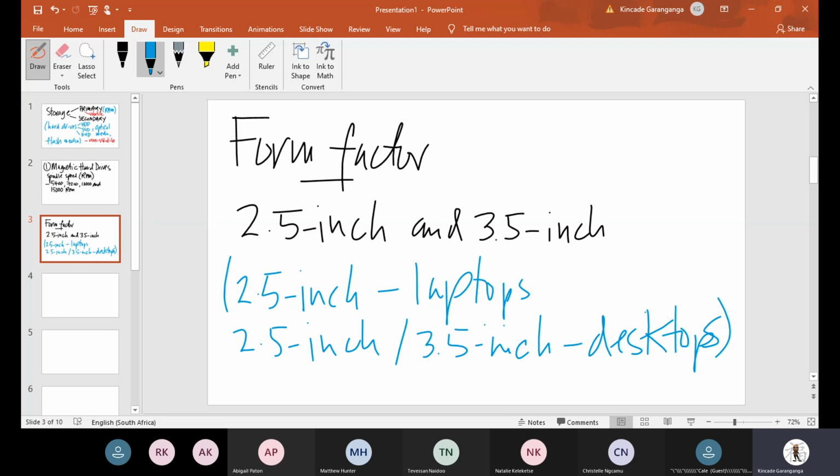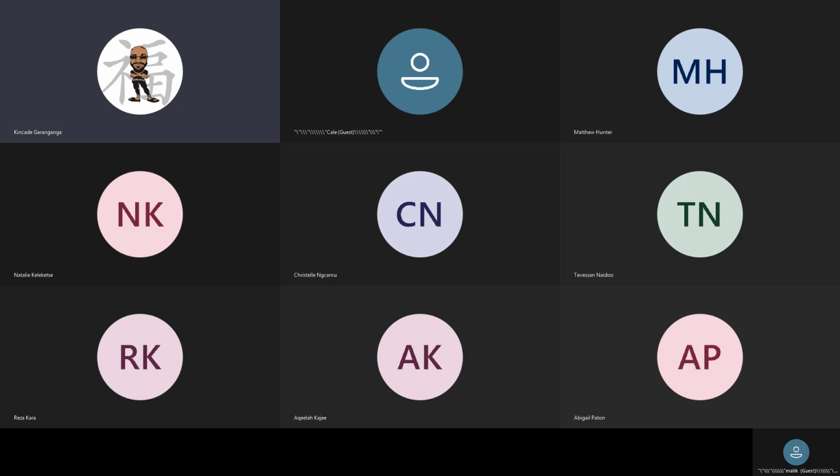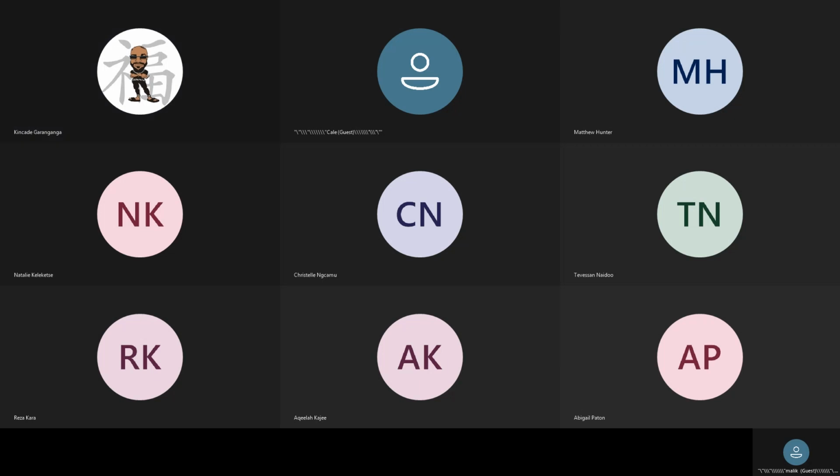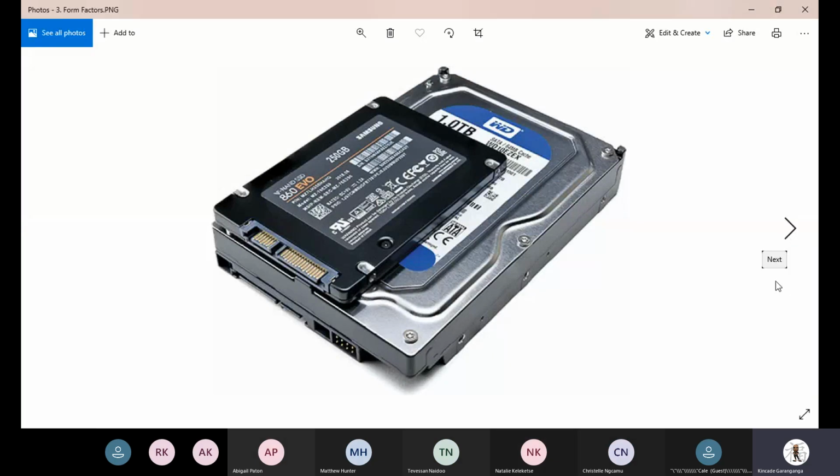When you look at these actual form factors, maybe just to give you a clue in terms of what's happening, a quick switch over. That's what your generic form factors would look like. The one at the bottom is the WD, or Western Digital, drive. That's your generic 3.5 inch in terms of form factor and size.